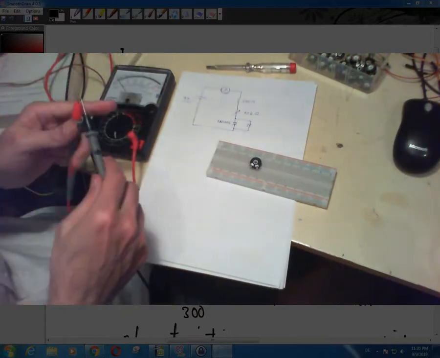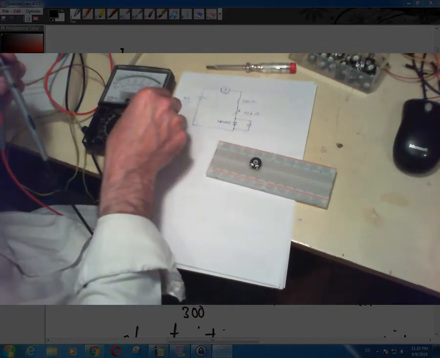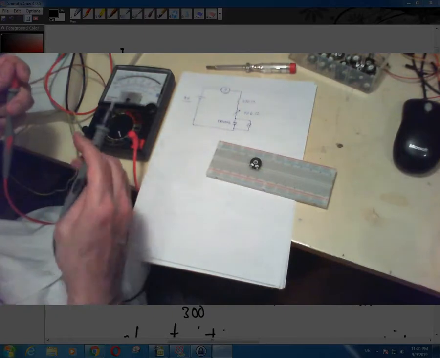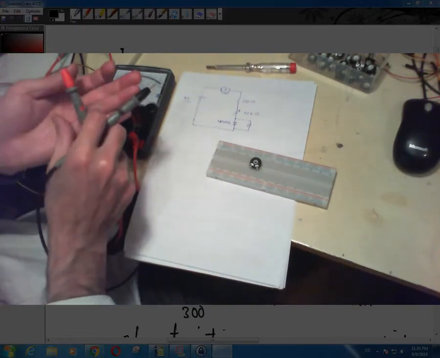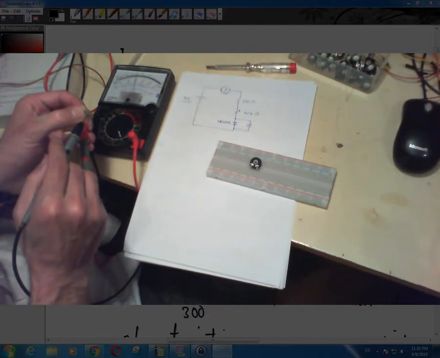So 340 ohms, I suppose. You can set this to, for example, ohm times 10, and measure here.